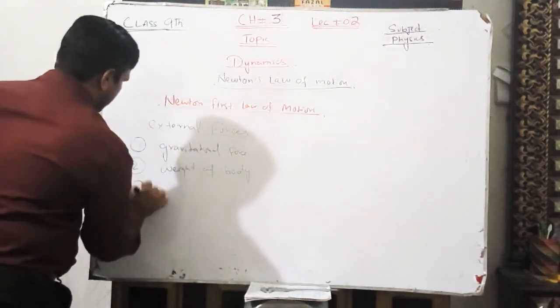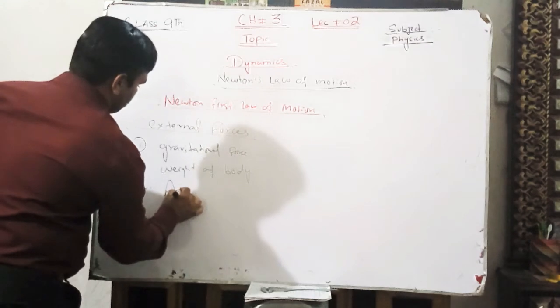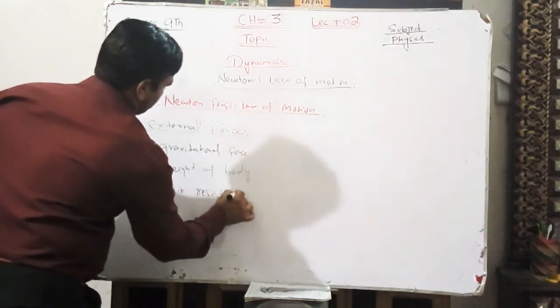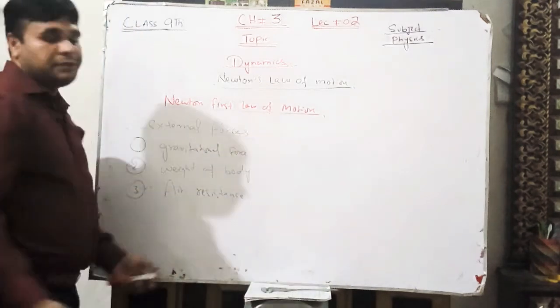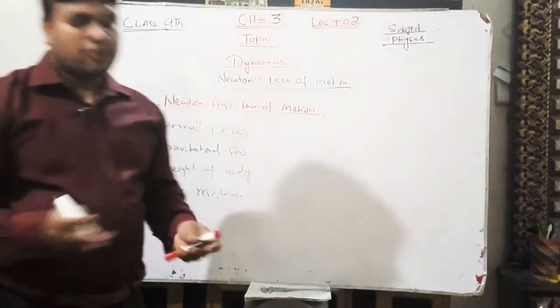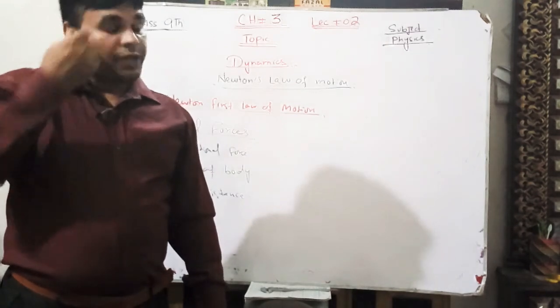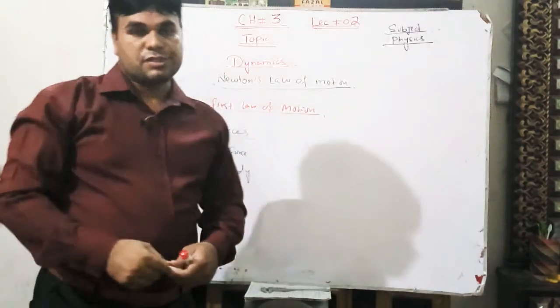Number three, air resistance, etc. These are some external forces which are applying on the body which is moving with uniform velocity.